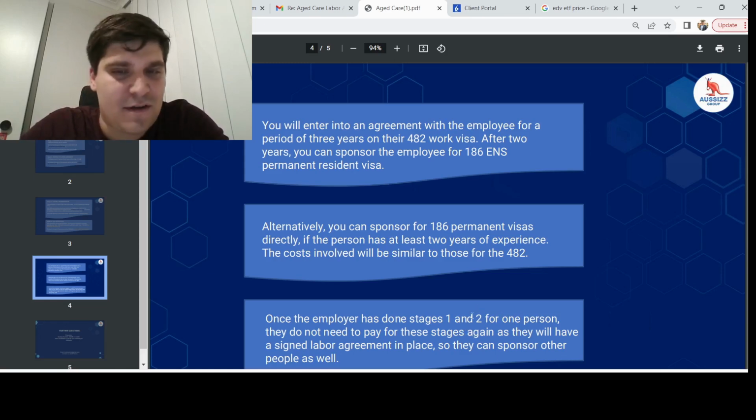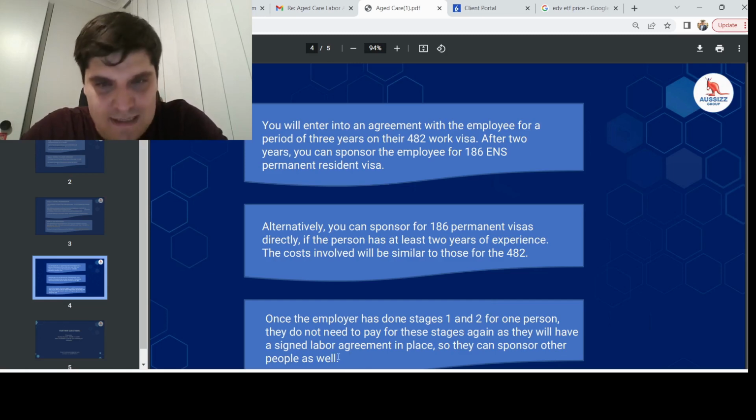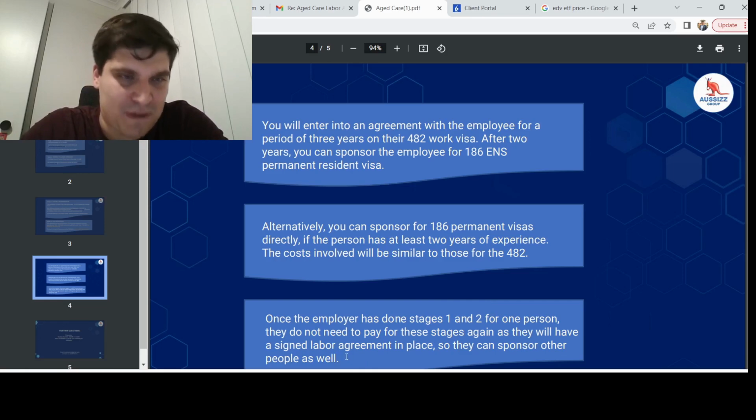So potentially you can include more people in it, and you sign it only once, and then it will be cheaper for you per capita, per staff member, to sponsor further staff, because you'd be only paying a small fee for the nomination, and the staff will be paying the visa application fees themselves.